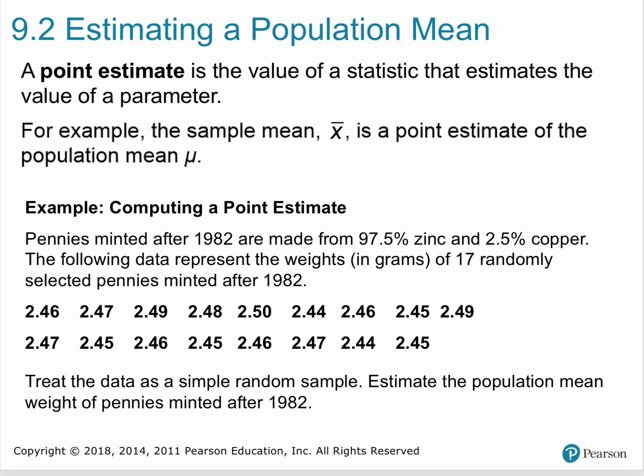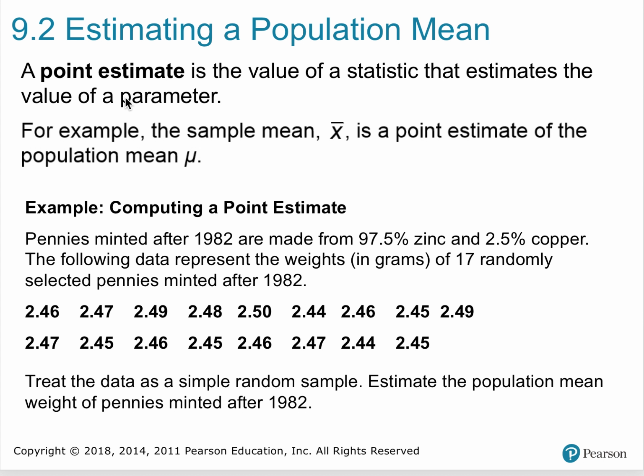Okay, 9.2, estimating a population mean. So remember, the goal of statistical inference is to use information obtained from a sample and generalize the results to the population being studied. As with estimating the population proportion, the first step is to obtain a point estimate of the parameter.